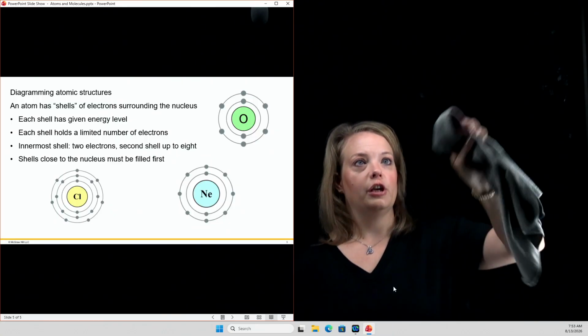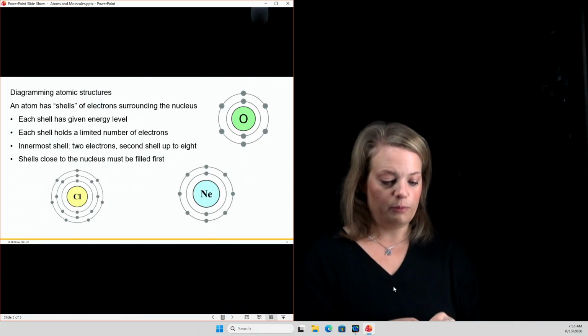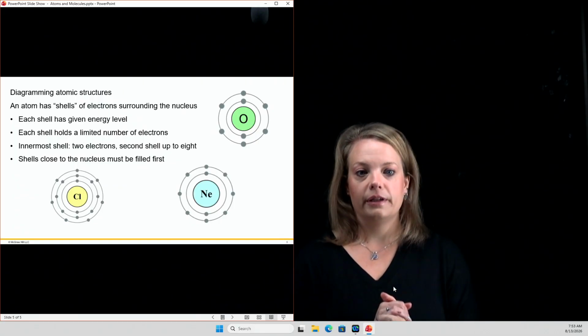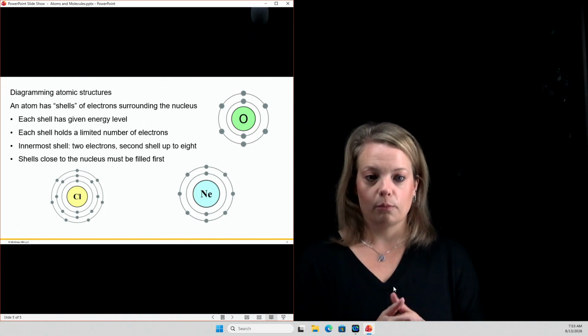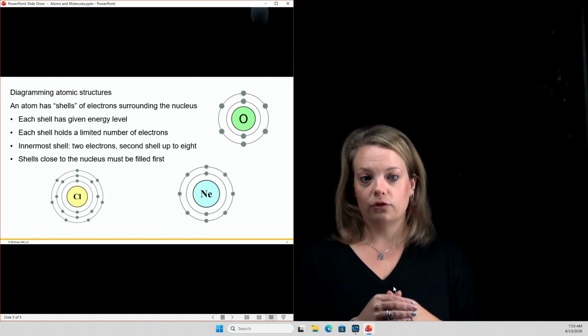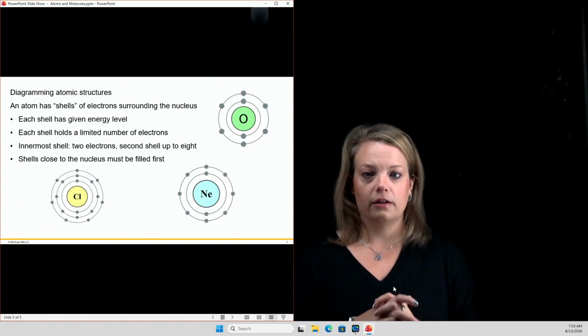And in a biology or an anatomy and physiology class, those molecules are then going to build up into cells, biochemical molecules like carbohydrates, and eventually tissues and organs. So we're going to focus on electrons.